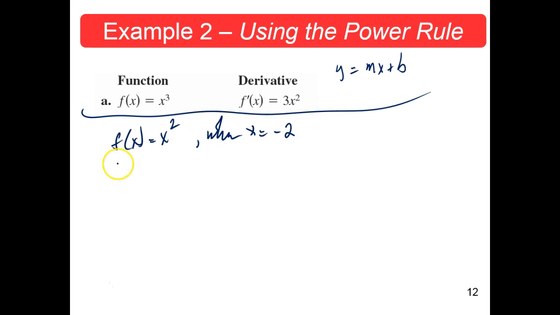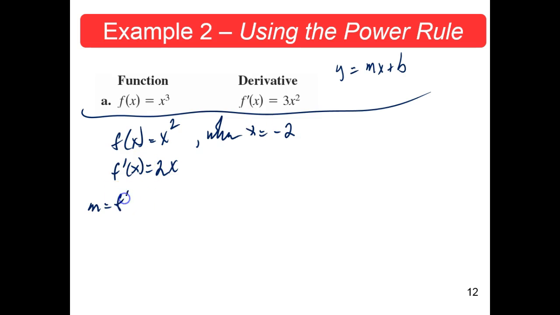Take a derivative. And what would that be? 2x. So how do we get our slope? Plug in a -2. You're absolutely right.